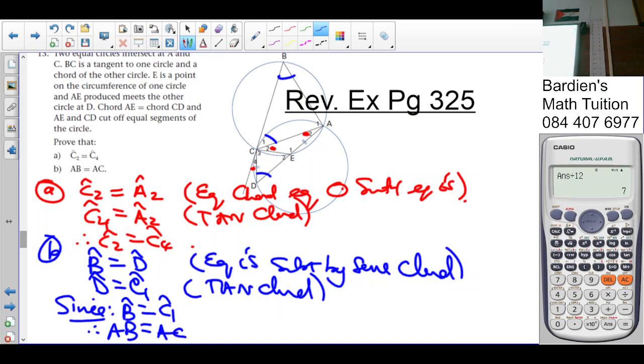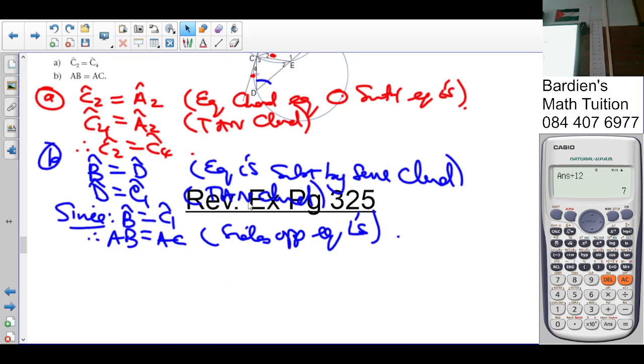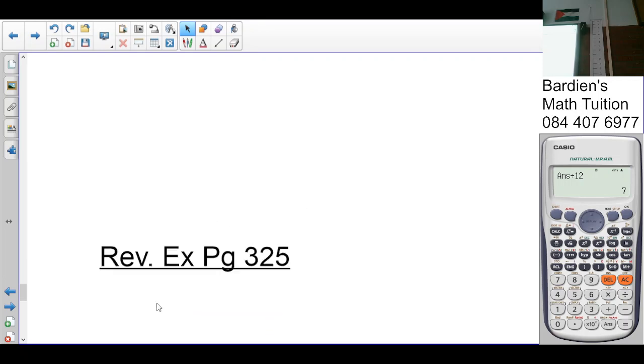What's your reason here? Sides opposite equal angles. There we go. This was a good one. I would have lost 2 or 3 marks then. Okay. Do you guys understand? Thank you. Alright, let's carry on with our lives. That's the end of it.